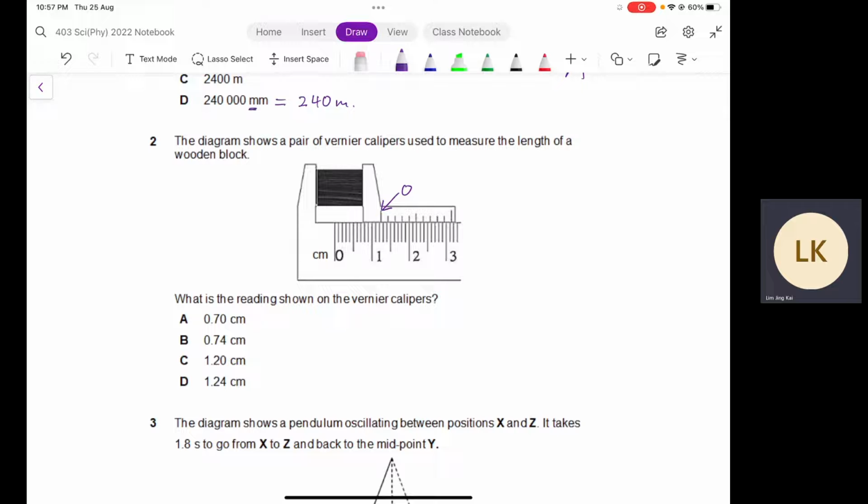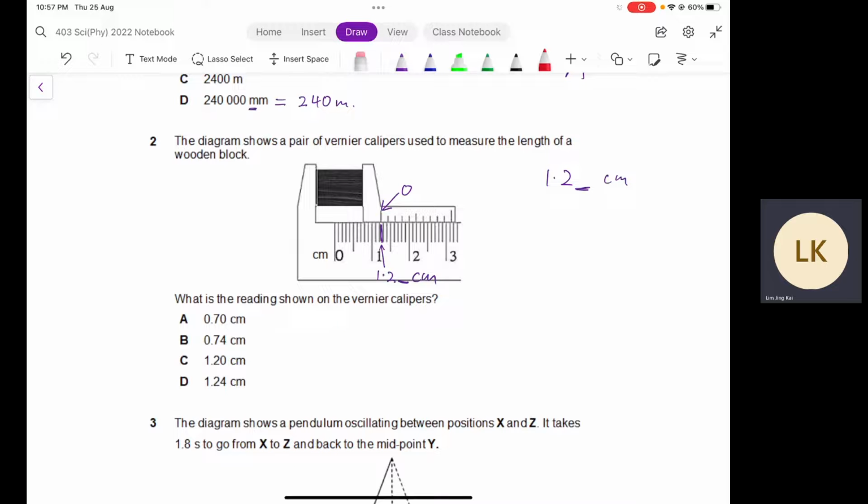And where is it on the main scale? It's down here, the purple line. The closest, smallest value is 1.2 cm, but it's in between 1.2 and 1.3 cm, so it will be 1.2 something cm. So how do I find the something?